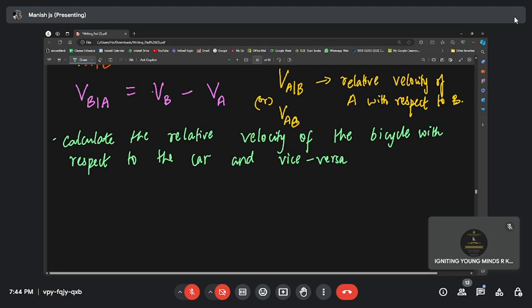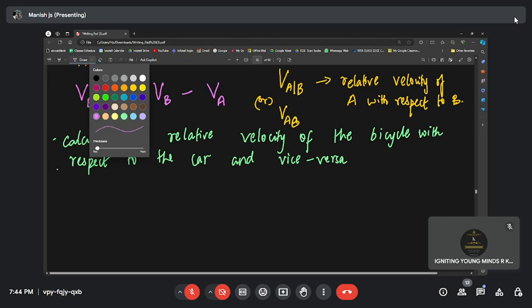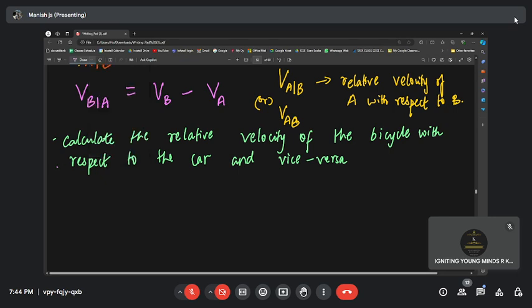Now the question says you'll have to calculate what is the relative velocity of the bicycle with respect to the car and vice versa. Let us see this.